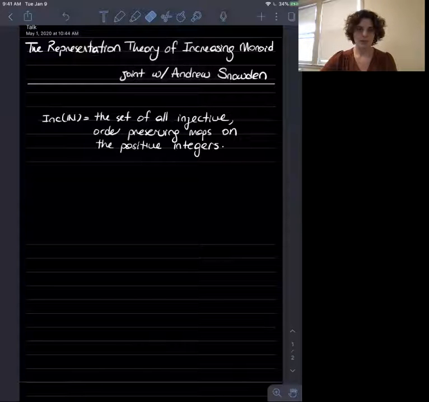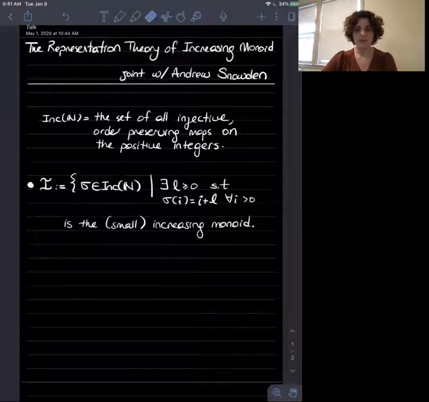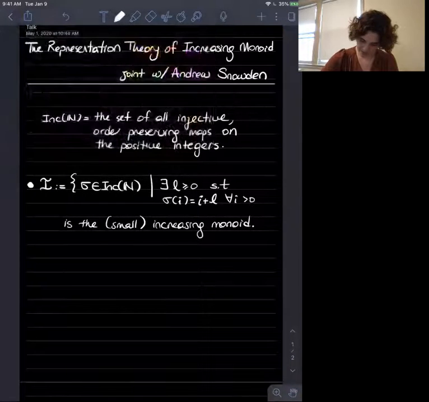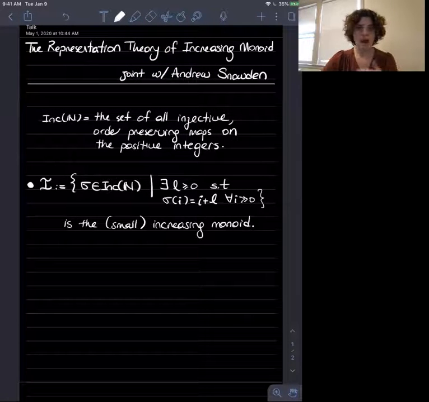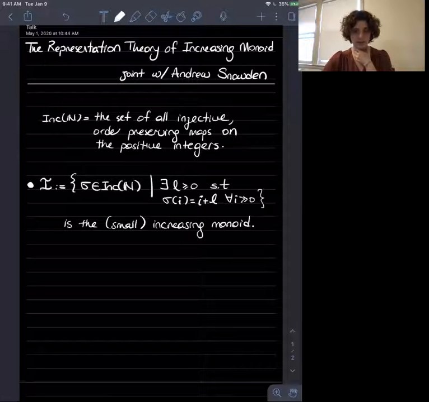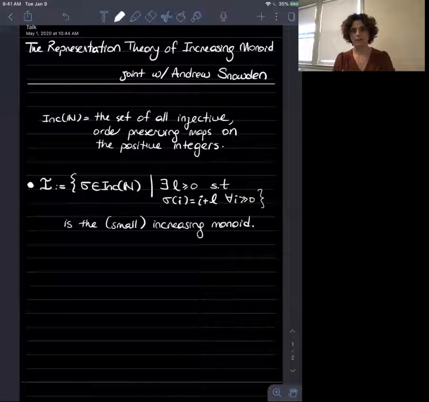The second version is the one that we will be referring to most of the time as Inc, the set of these strictly increasing maps such that there exists some L where, for large i values, sigma just shifts i by L. So this is the small version of the increasing monoid, but we will construct and define everything based on this one.